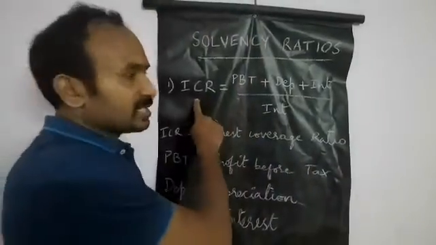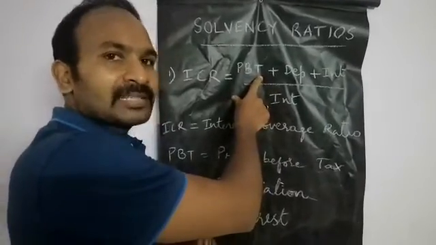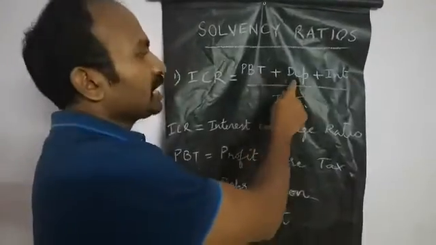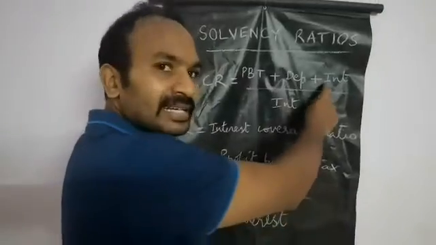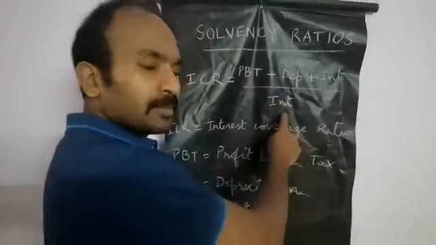Interest coverage ratio is profit before tax, that means before paying tax, profit of the particular firm, and depreciation of its assets plus interest paid by that firm, divided by interest.